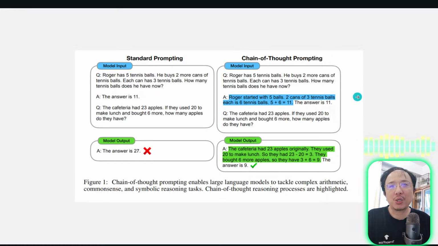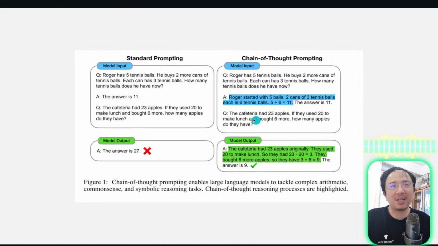However, by a simple trick, we give an example and ask it to do it in steps. Not only do we instruct it to give the answer only, it shows it step by step.